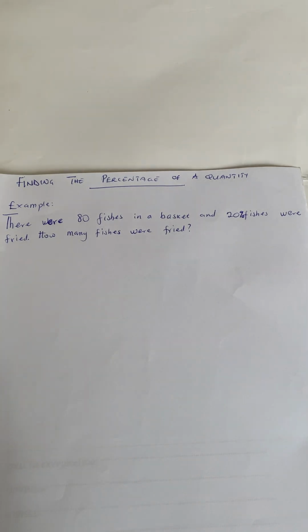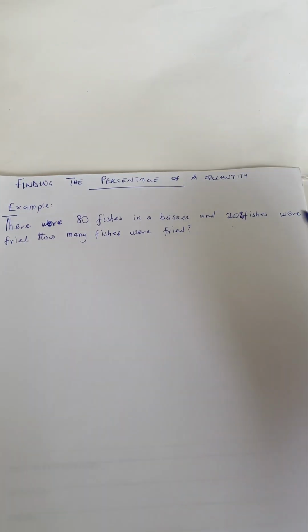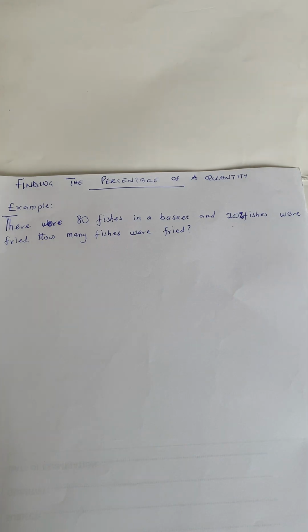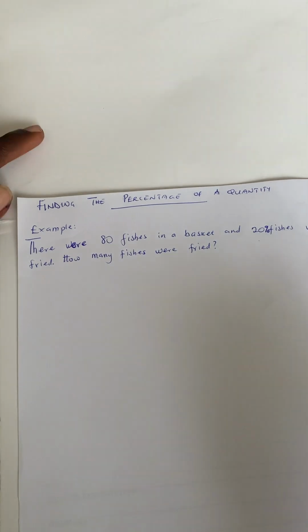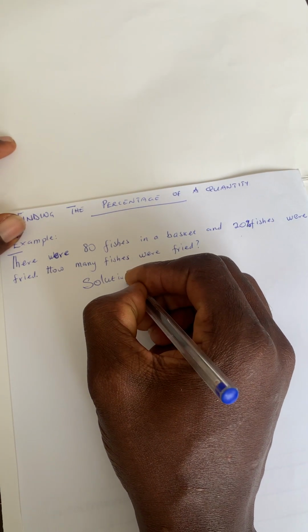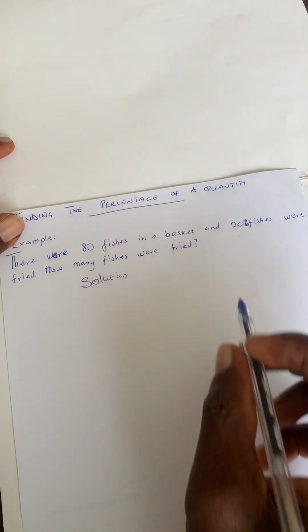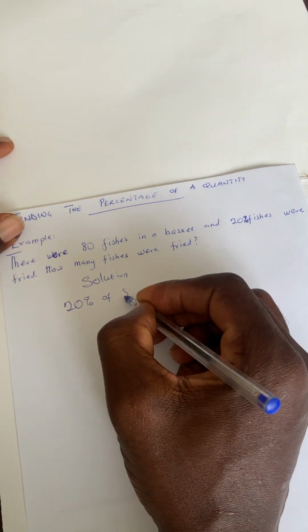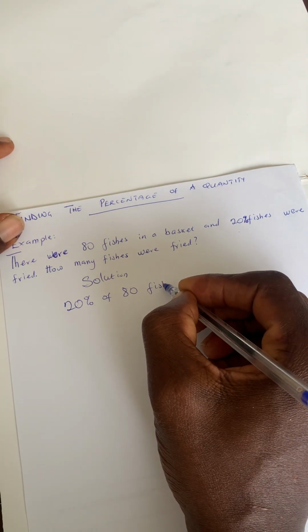So to tackle a question of this nature, you will express the percentage given, that is 20%, as a fraction of the total number of fishes that were in the basket. So our solution, we will find 20% of, so this is 20% of 80 fishes.